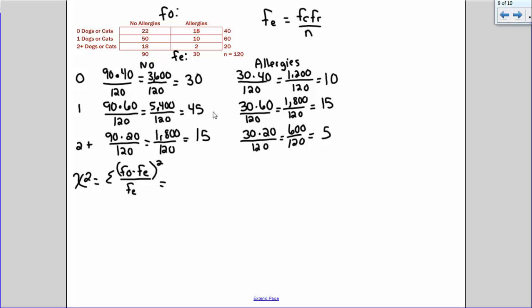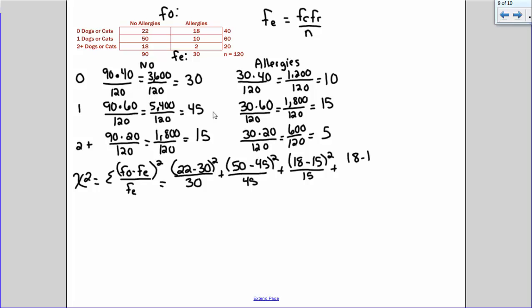All right, so we have 22 minus 30 squared divided by 30 plus 50 minus 45 squared divided by 45 plus 18 minus 15 squared divided by 15 plus 18 minus 10 squared divided by 10 plus 10 minus 15 squared divided by 15 plus 2 minus 5 squared divided by 5.